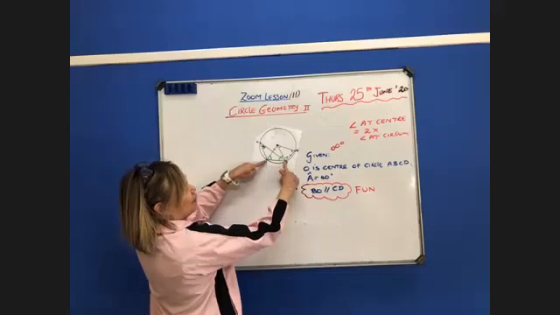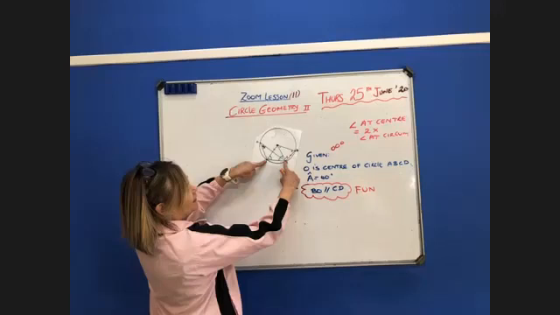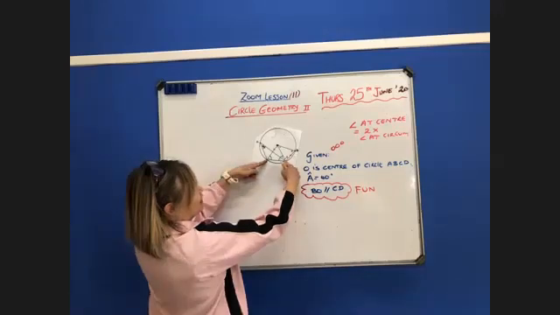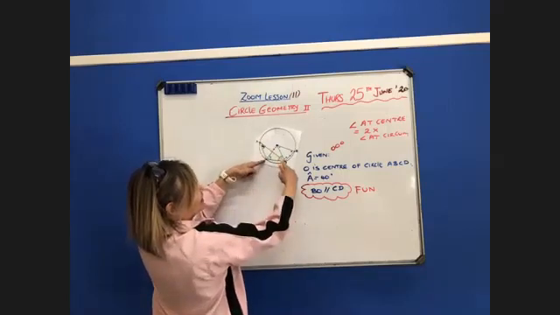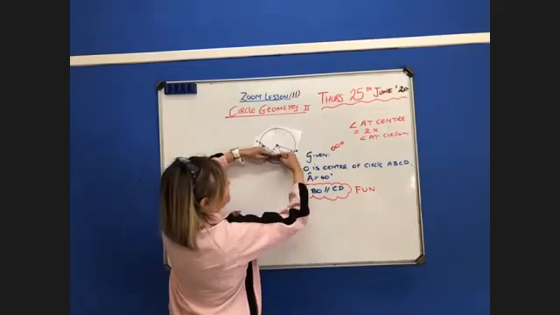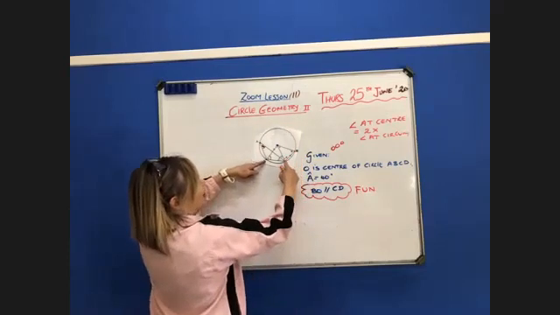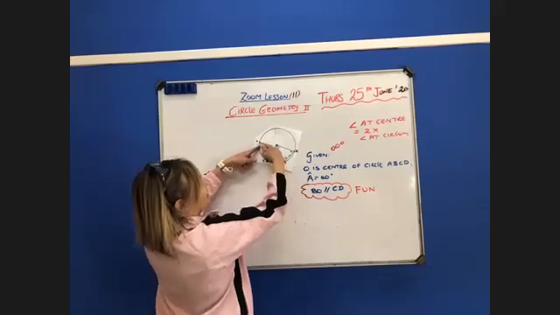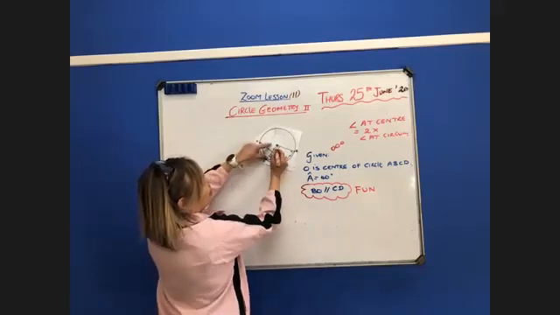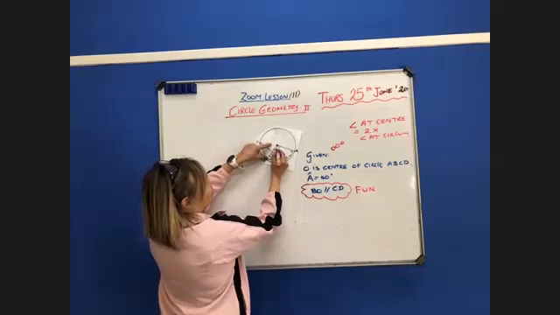So if I put my finger on that chord, that exact same chord subtends an angle at the circumference, on the same segment. So I already know O1 is 80. I bet you they're going to ask me that question.